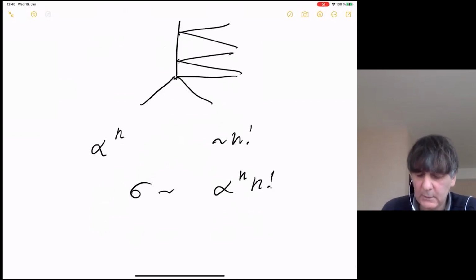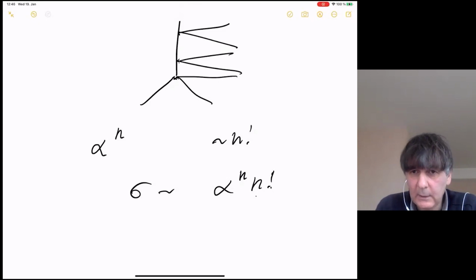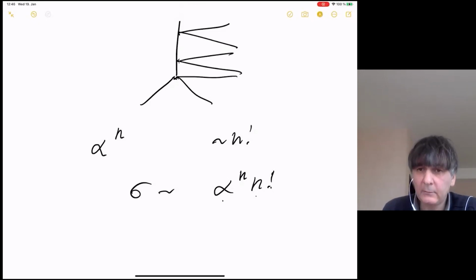And so now you can see what is happening. Obviously sooner or later, no matter how small alpha is, factorial wins, okay? Right?